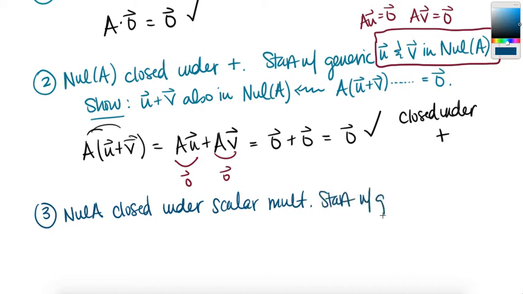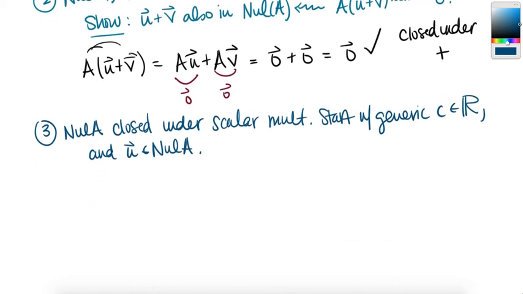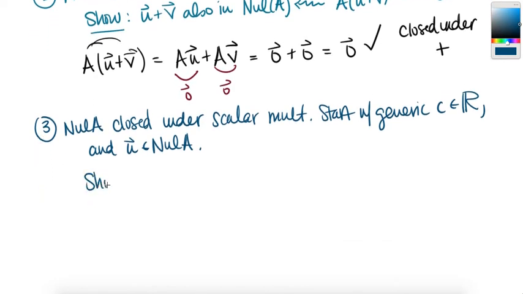We're going to start with a generic scalar c, which we're always going to assume are real numbers, and we're going to start with a generic u in the null space. And again, we have to show that c times u is in the null space.